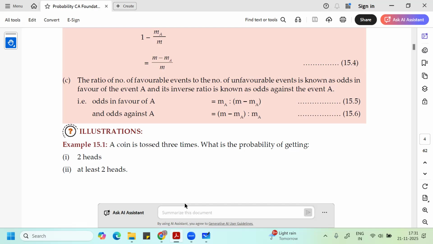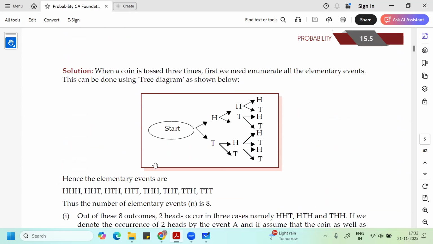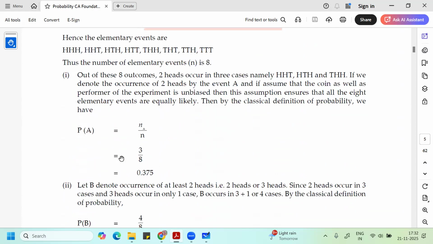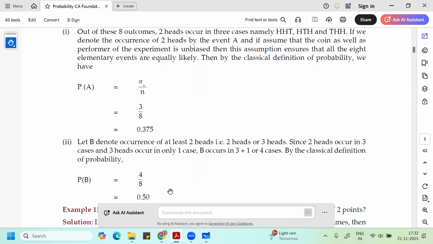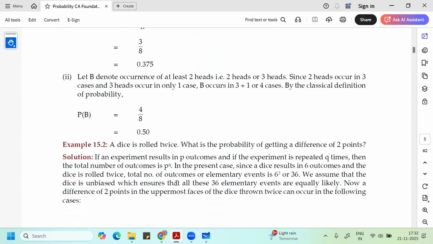Probability of two heads is 3 by 8, probability of three heads is 1 by 8. So 3 by 8 plus 1 by 8, answer is 4 by 8 or 1 by 2. So the first one is 3 by 8, the second one is 4 by 8 or 0.5. I hope you are getting this.